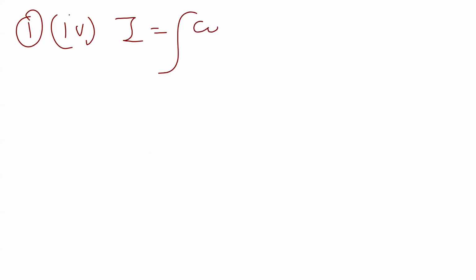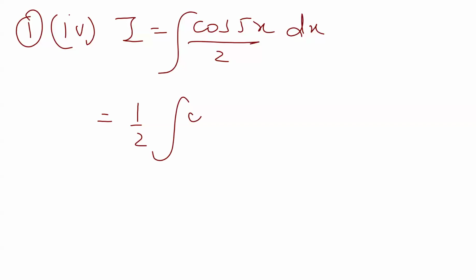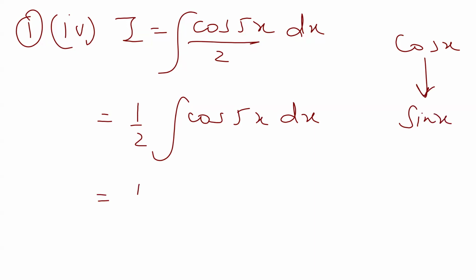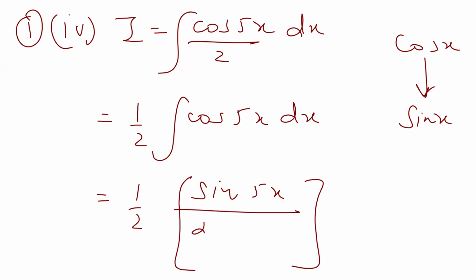Integration of cos 5x upon 2. Now that 2 will go outside as half. Constant goes outside. Variable cannot go outside. Integration of cos x is sin x. So integration of cos 5x will be sin 5x upon d y by dx of 5x. When I compare this with cos x, what is x? 5x.